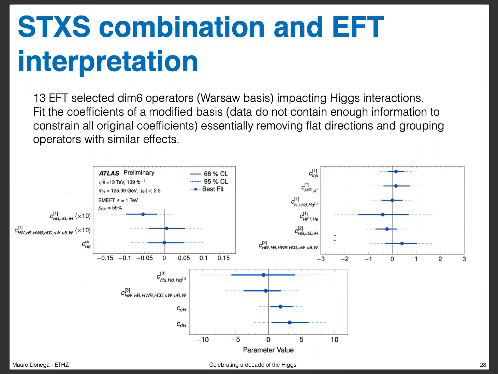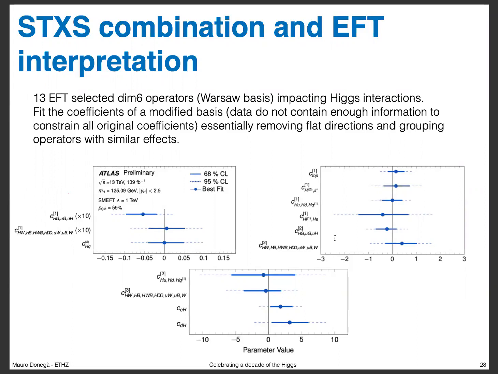The standard model is now completed with dimension 6 operators, and out of the about 2,500 operators you can put in that contain the standard model fields and respect the symmetries of the standard model, you can isolate only a very small subset by plugging in some assumption. And this is what Sally was describing in her talk earlier this week.